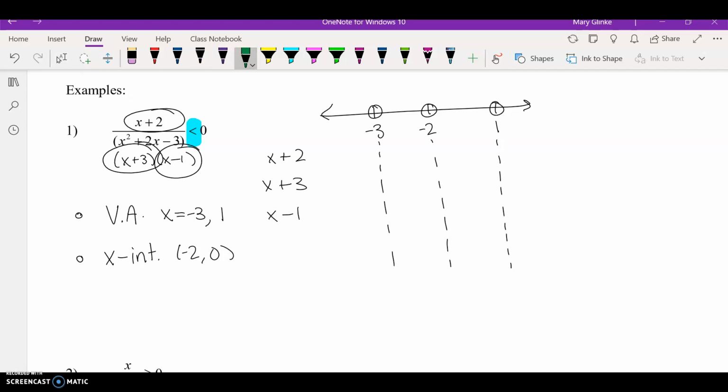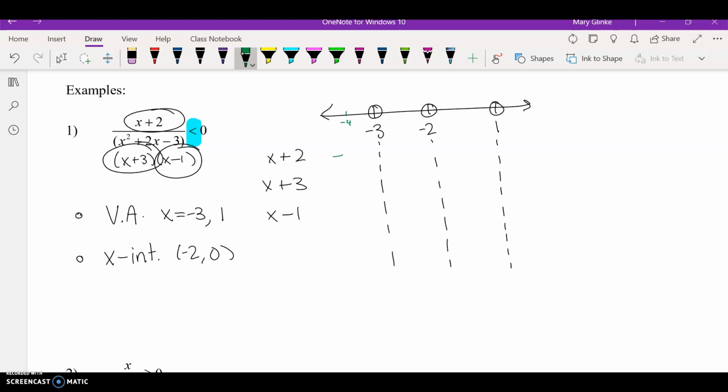And we're going to test numbers in those intervals for each of the factors. So we're going to pick a number less than -3, like -4. And you're going to plug in -4 for x. And what we want to do is we just want to figure out, is this factor going to be positive or is this factor going to be negative if I plugged in -4?